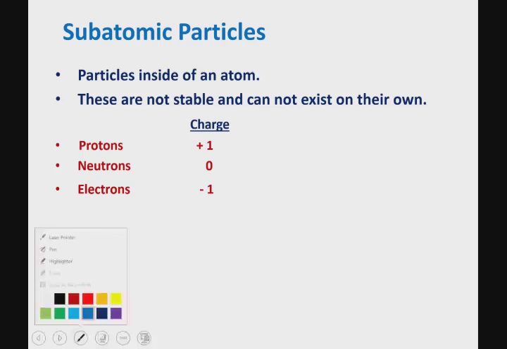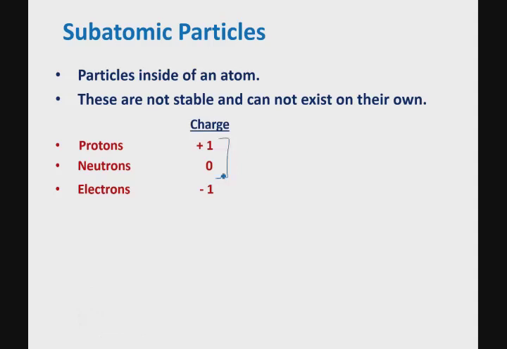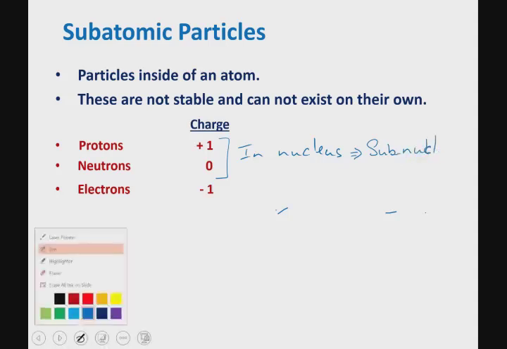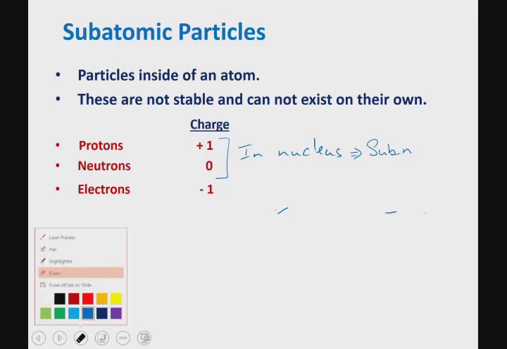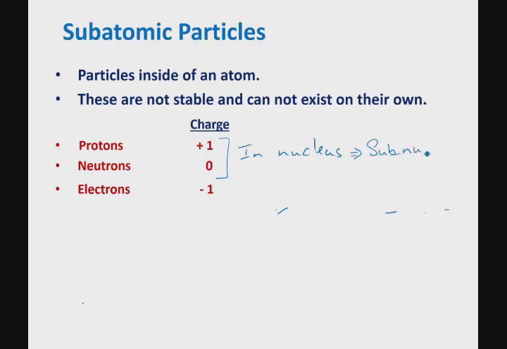As I said earlier, protons and neutrons are the particles that are present inside of the nucleus. Because they are present inside of the nucleus, these particles are also known as subnuclear particles.